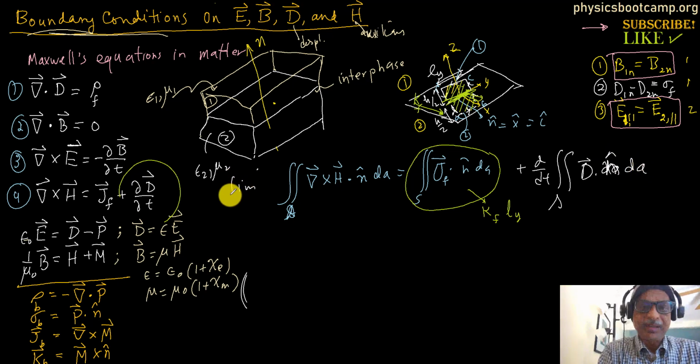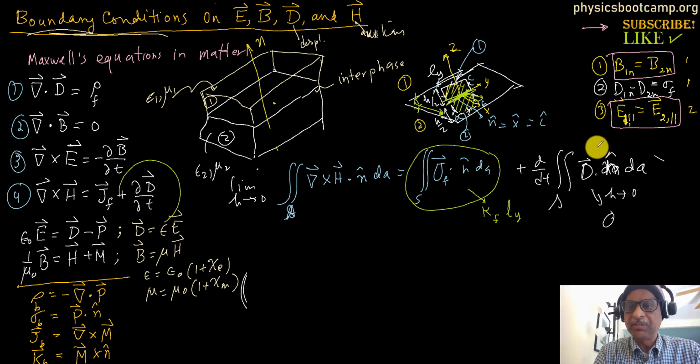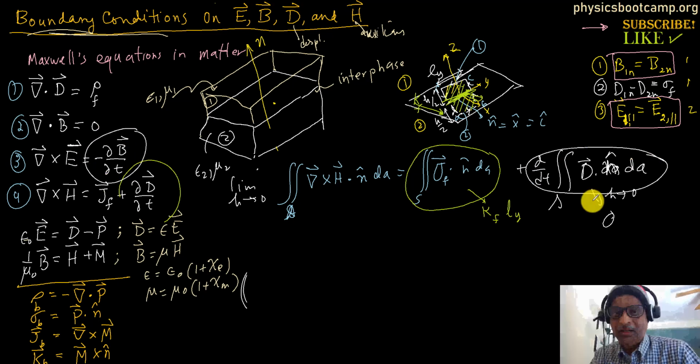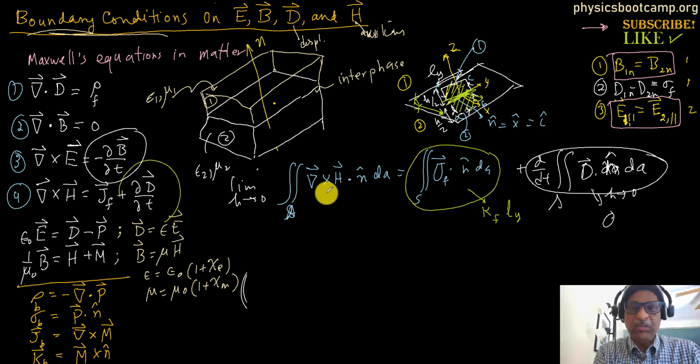If I take the limit where the height goes to 0, in that limit this goes to 0. Just like it happened in the earlier calculation, so I'm not going to repeat that calculation here; it's the same thing.